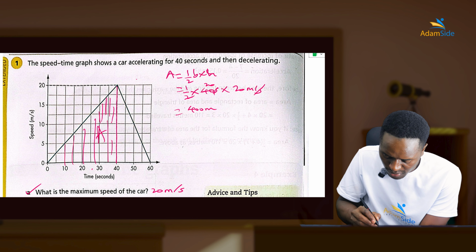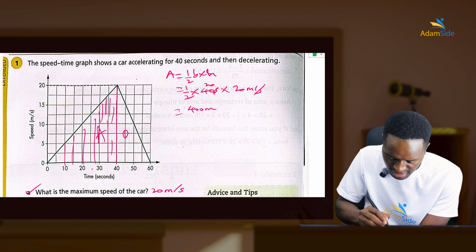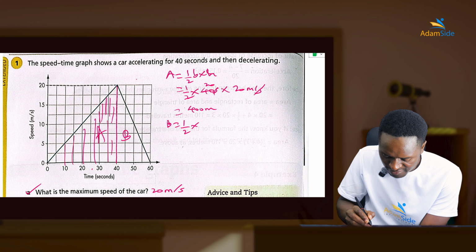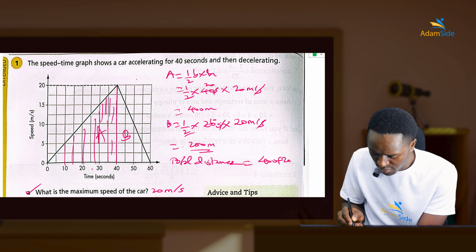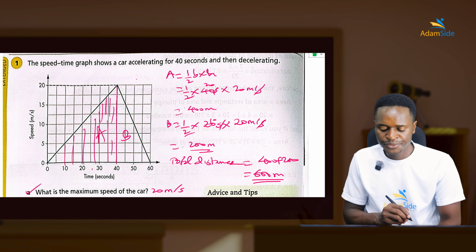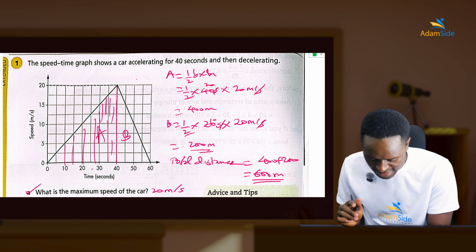Then the area of B is also a triangle, a half times base, which is 20 seconds, times the height, which is 20 meters per second. For the total distance, 400 plus 200, you get 600 meters.